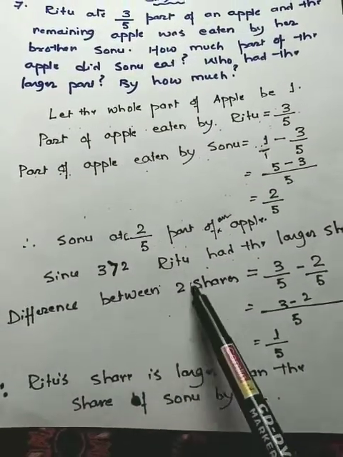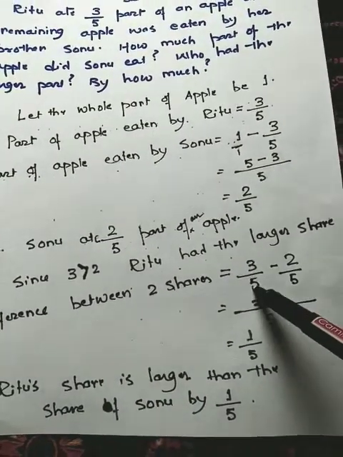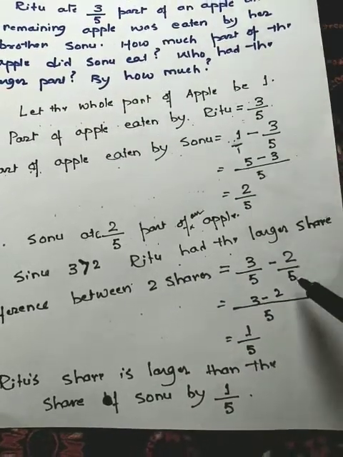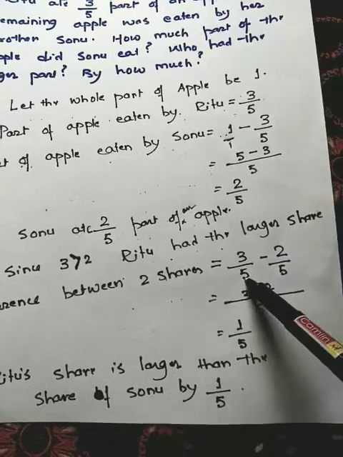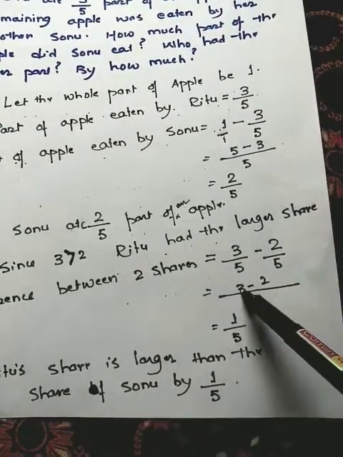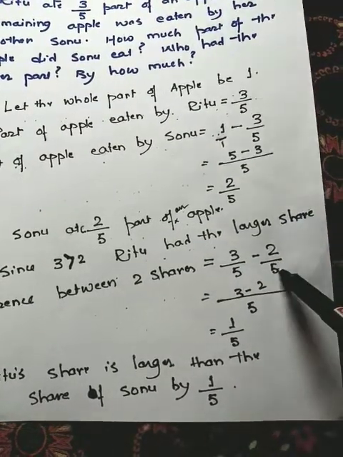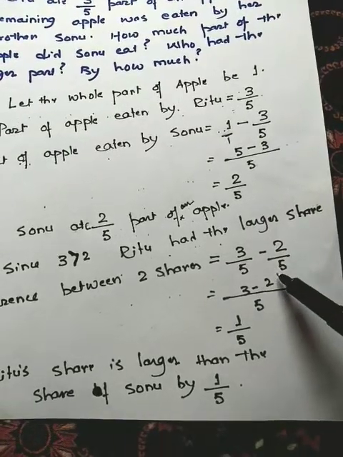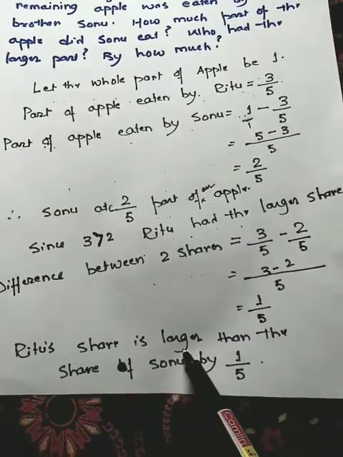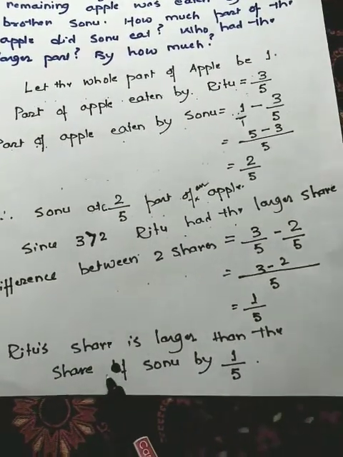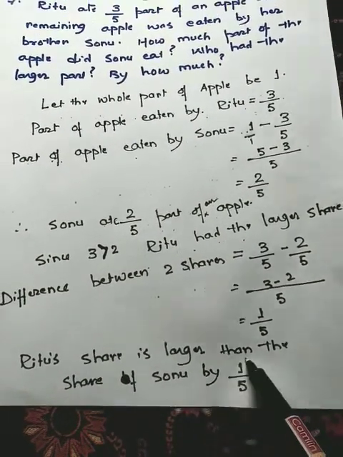The difference between the two shares is Ritu's share minus Sonu's share, 3 by 5 minus 2 by 5. The LCM is 5 only. 5 divided by 5 is 1, 1 into 3 is 3, minus 5 divided by 5 is again 1, so 1 into 2 is 2. So 3 minus 2 is 1, so 1 by 5. Ritu's share is larger than Sonu's share by 1 by 5.